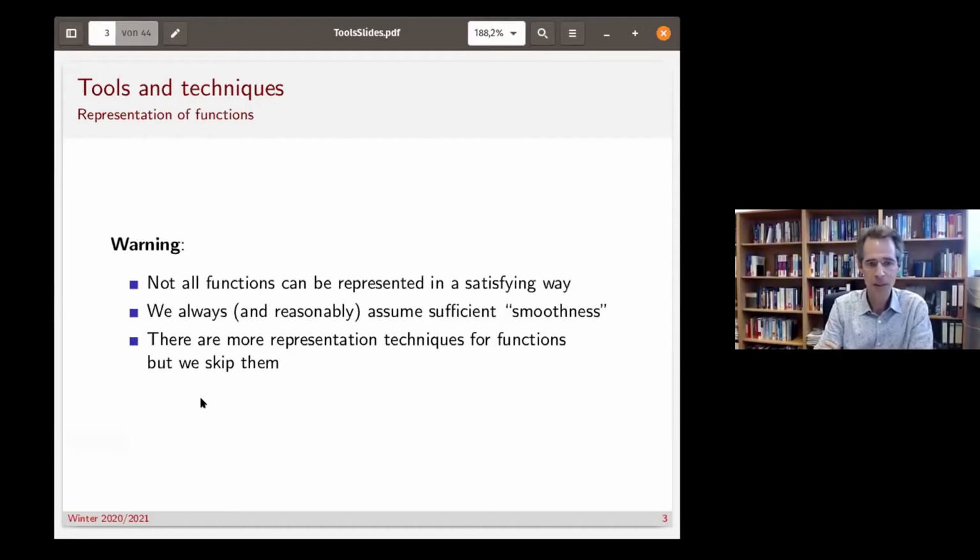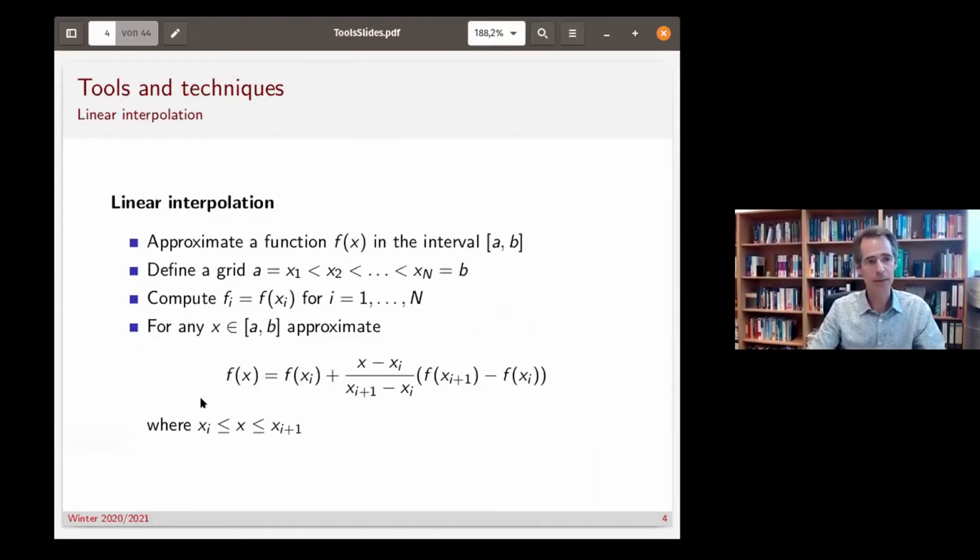There are some more representation techniques for functions, but we skip that. So let's start with the simplest case, I think, the linear interpolation. So our aim is to approximate a function f of x in the interval from a to b. That's of course the first restriction. We only represent the function, the value function, in a certain interval.